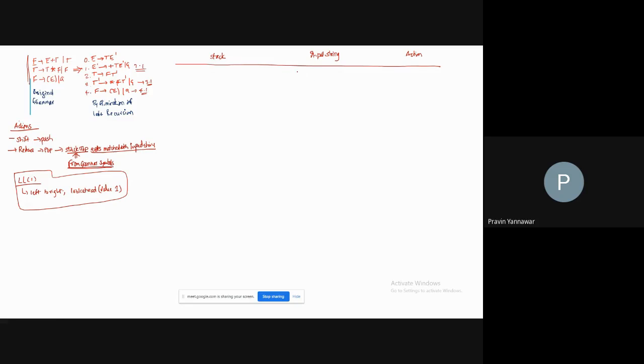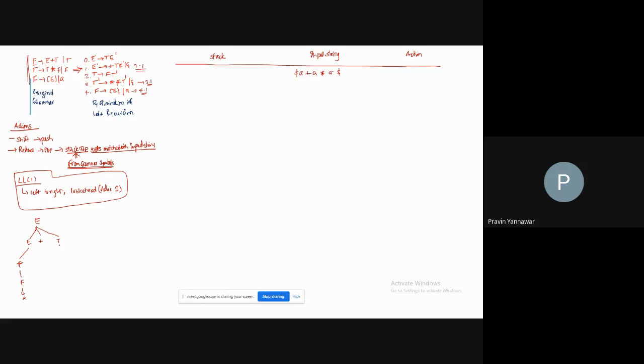For example, with this grammar, the input string is a plus a star a, followed by dollar. Now let us look at how this is being formed. It is formed in a very simple way. E implies E plus T in the original form, E implies T, T implies F, F implies a.